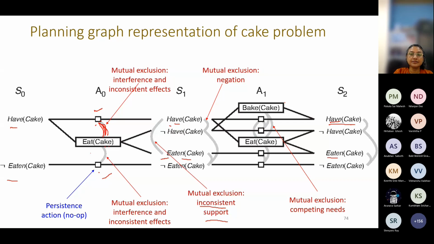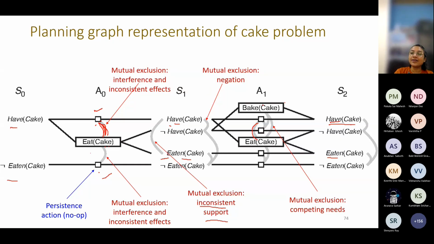Yes, ma'am. So in S2, half cake can be obtained either from maintenance of half cake or from baked cake. Now maintenance of half cake is mutex with eat cake even at this level. But baked cake can also give you half cake, and eaten cake is obtained from maintenance of eaten cake, which is not mutex with baked cake.